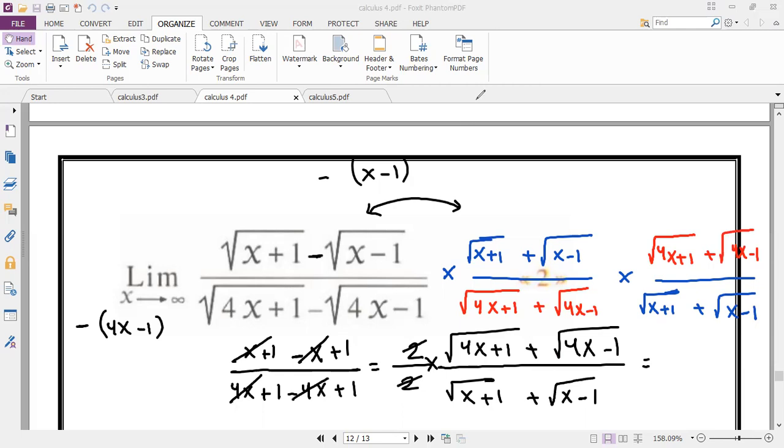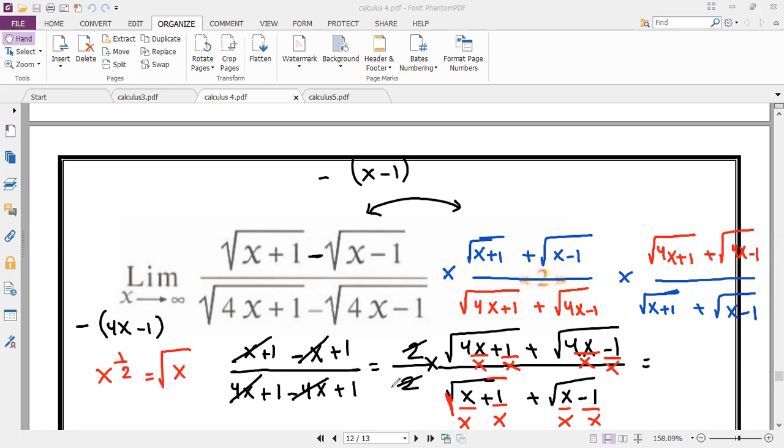Then divide by the term with the highest power at the denominator, which is x here and x here. But under the square root, you know, we have here a square root of x. So what is the highest power in the denominator? It's x to the power of half. Do you know why? Because it's written under the square root.